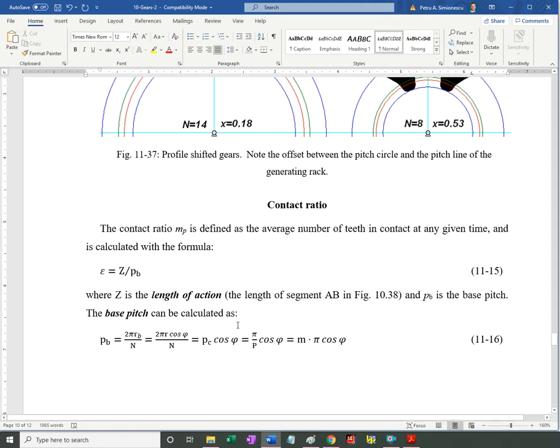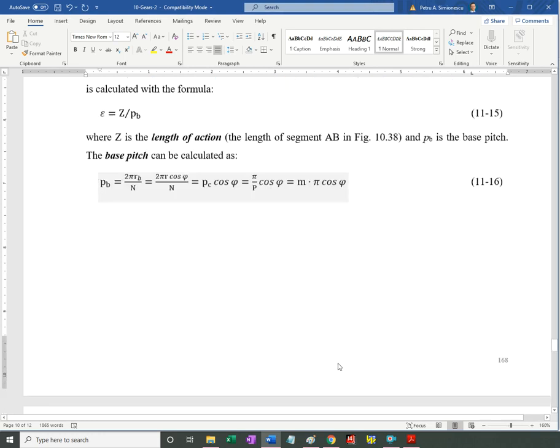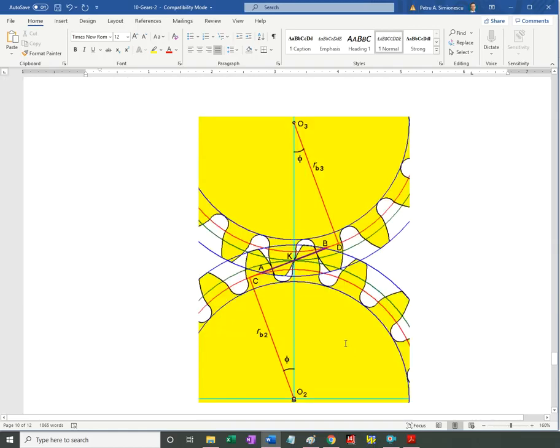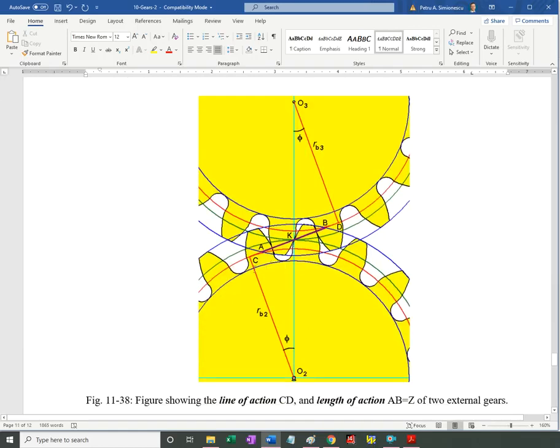In order to measure that, the term contact ratio has been introduced. We have the line of action, the common tangent, and the length of action is a portion of the line of action delimited by the addendum circles of the 2 gears: addendum circle of gear 3, addendum circle of gear 2.